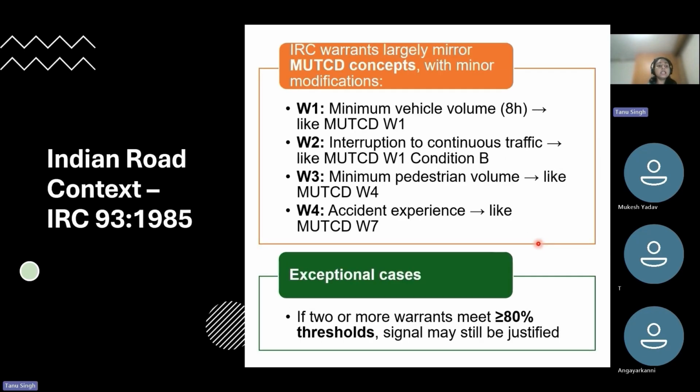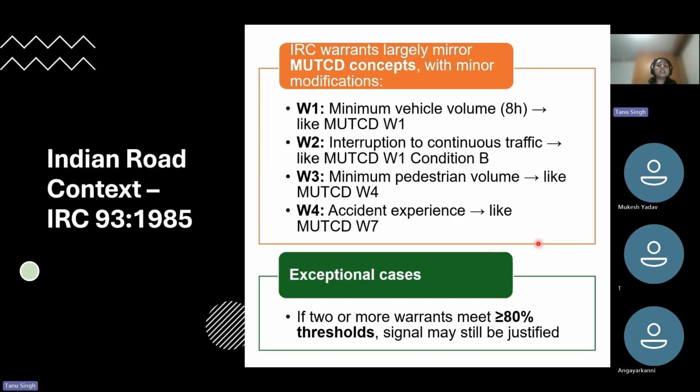Now coming to the Indian road context, that is IRC 93 1985. In India we follow this IRC manual, which is broadly similar to the MUTCD but with minor modifications. Warrant 1 is the minimum vehicular volume for 8 hours, just like MUTCD warrant 1.